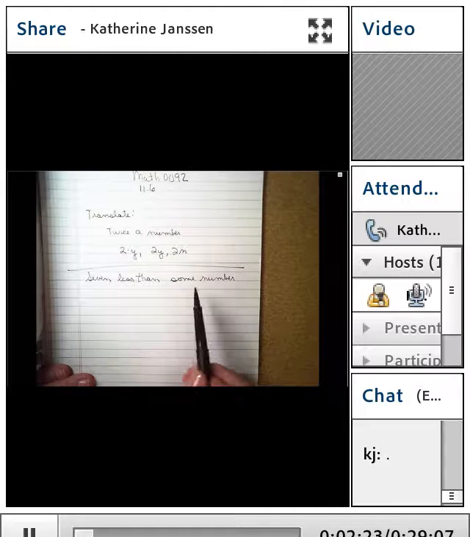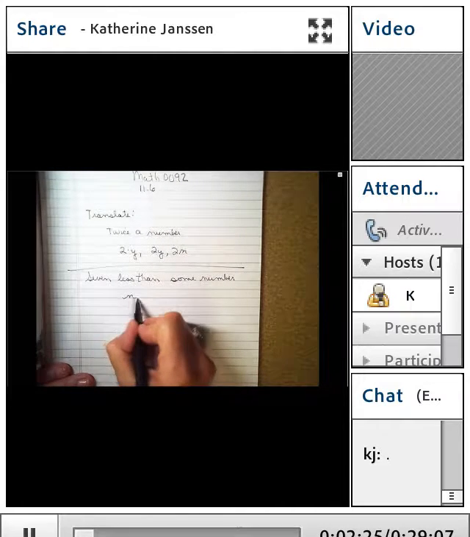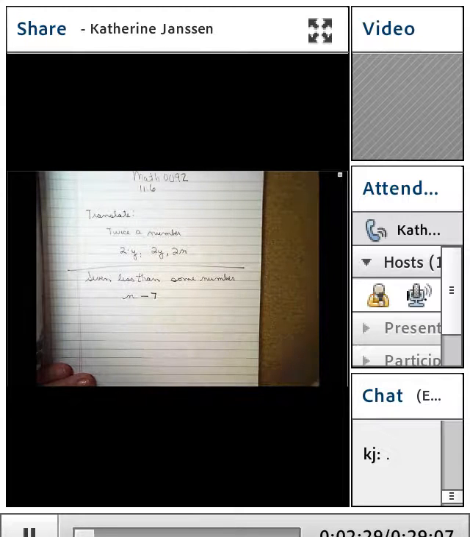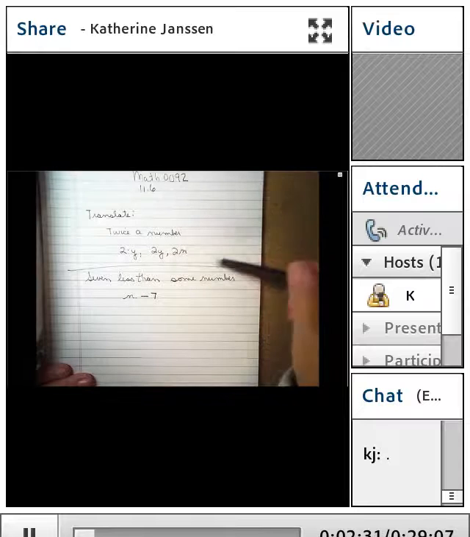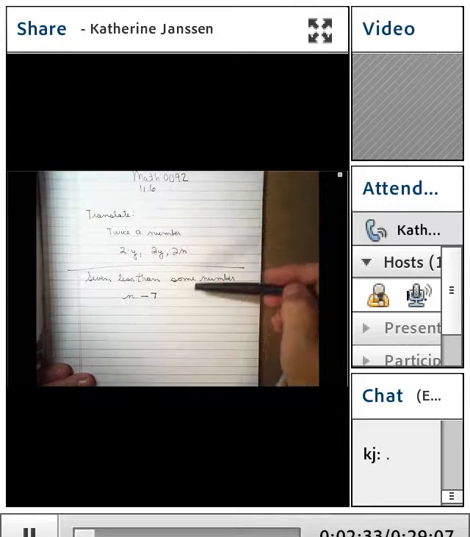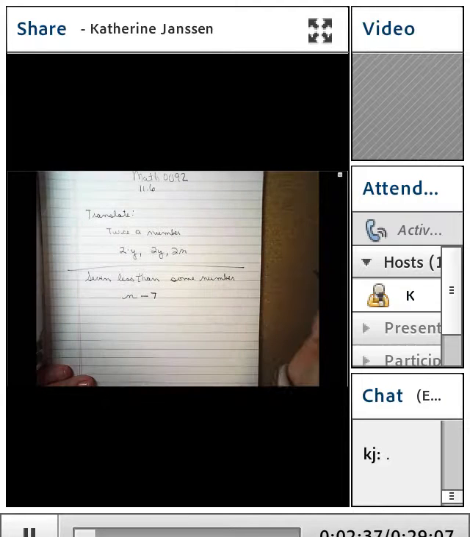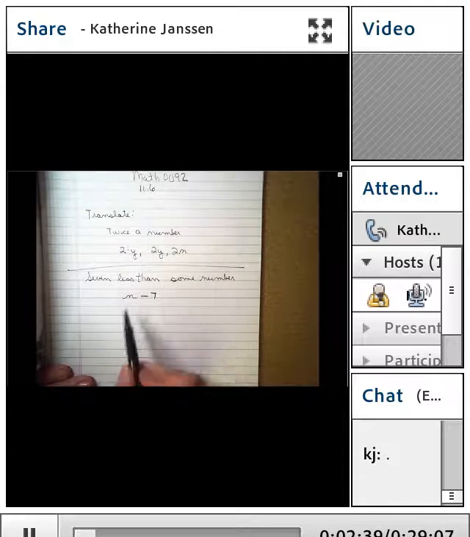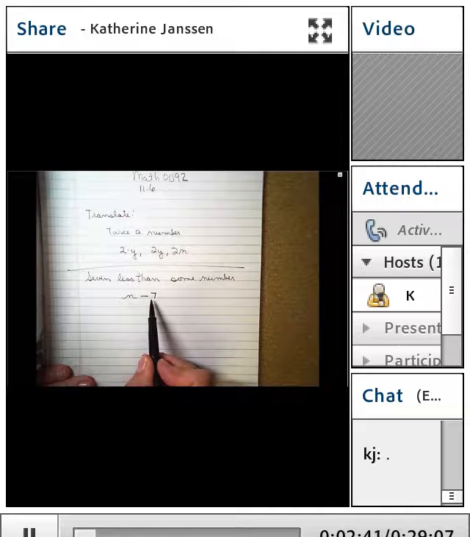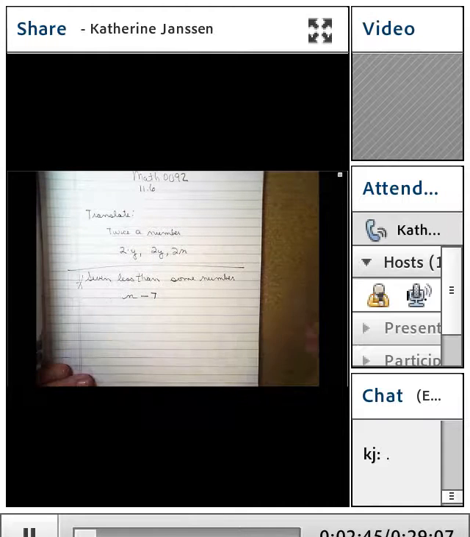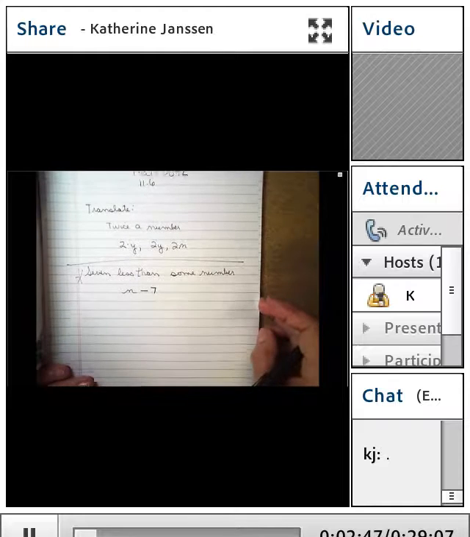So we have some number and we want 7 less. So our English language kind of words it backwards, if you will. We're subtracting 7 from some number. So some number minus 7. And just study that so you recognize how that works.